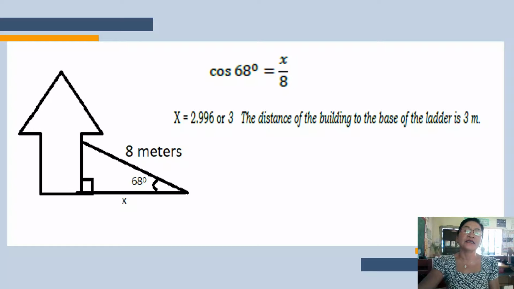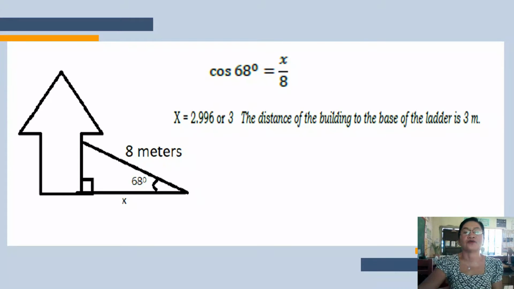Cosine is defined as the adjacent side over the hypotenuse. Using your scientific calculator, you can find the distance of the wall of the building to the base of the ladder.